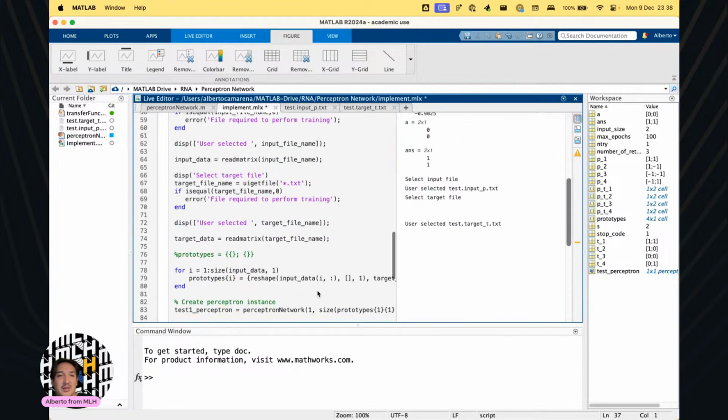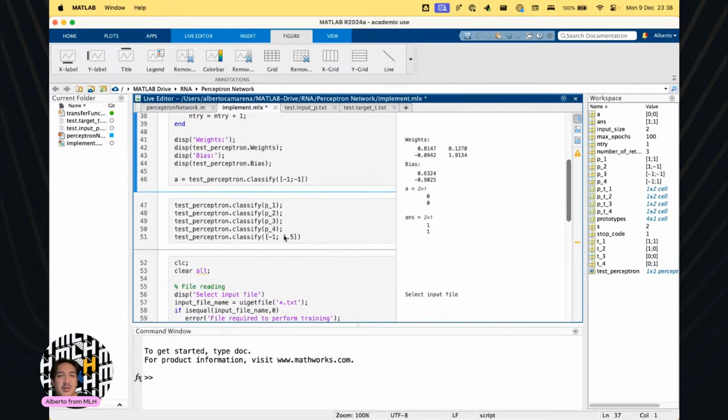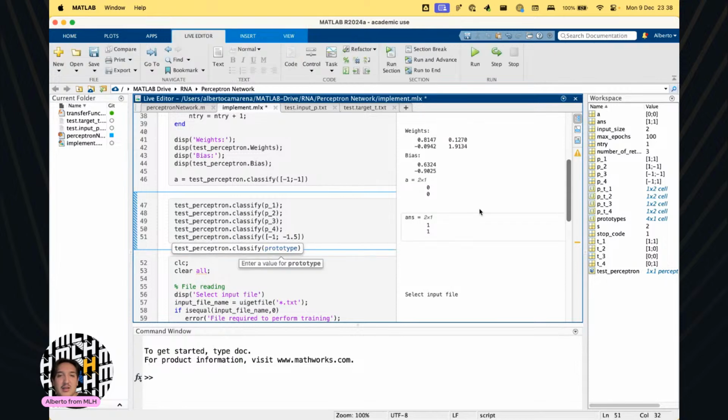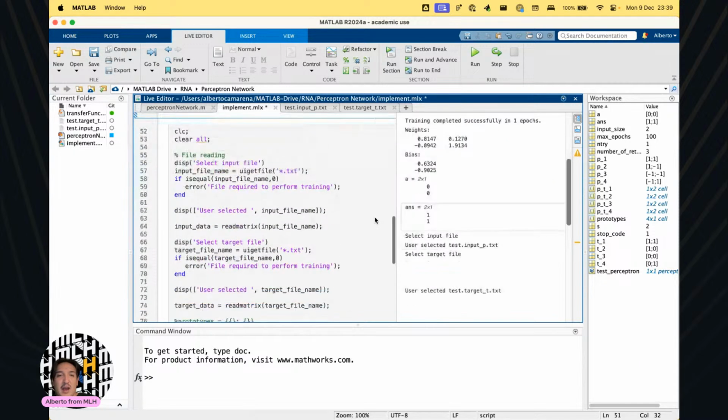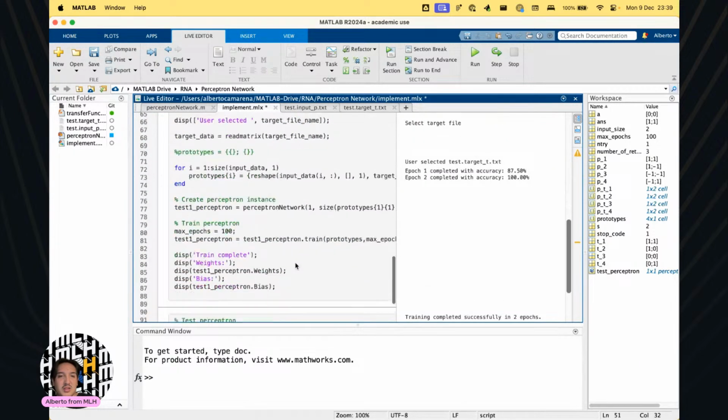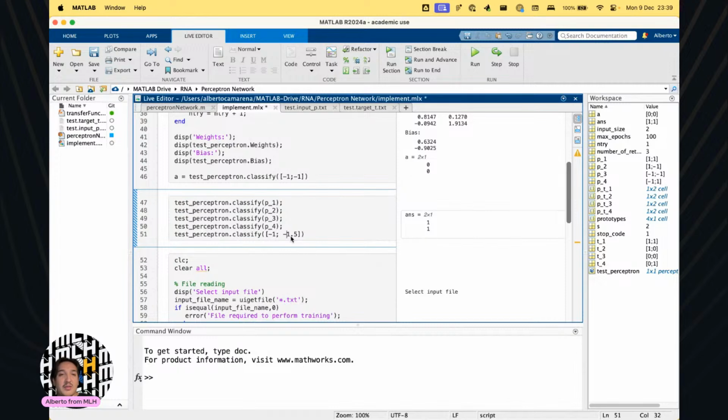Oh, am I doing minus here too? No, no, this is positive. Okay, because for example, minus 1, 0.5 should be 0, 0.